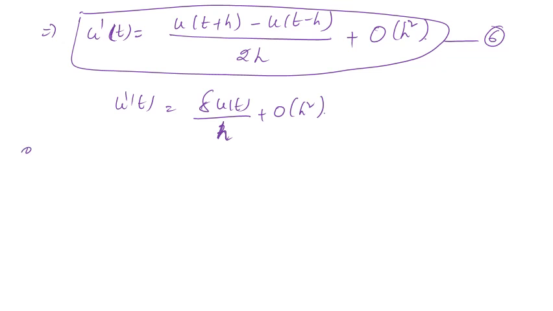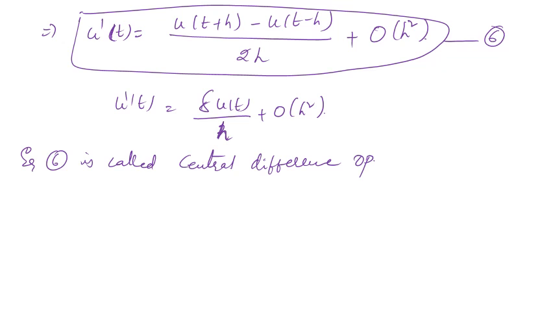Equation 6 is called the central difference operator, the central difference for the first derivative u dash t.